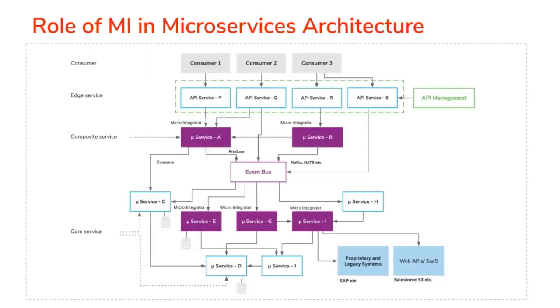Just to get some background on the concepts and the things that we have introduced in the micro integrator profile, I'll briefly go through a few of the basic concepts that we want to emphasize.